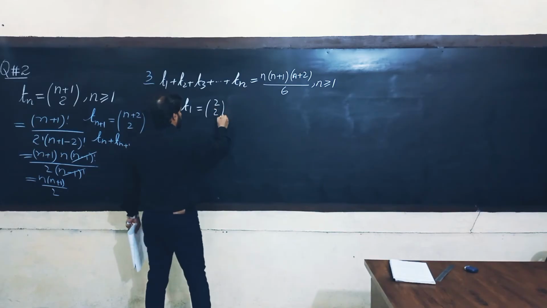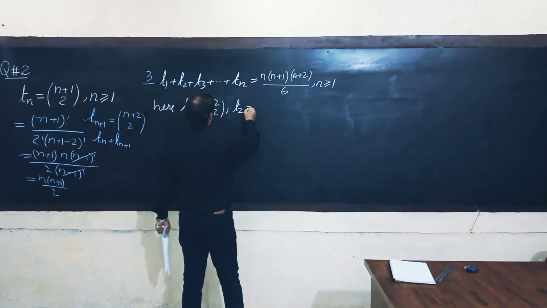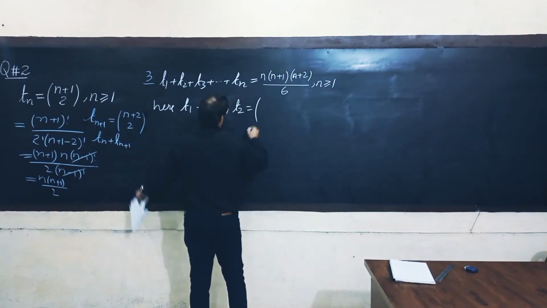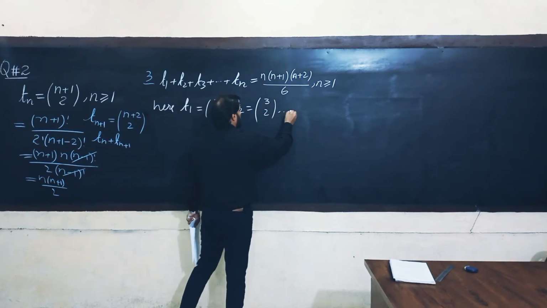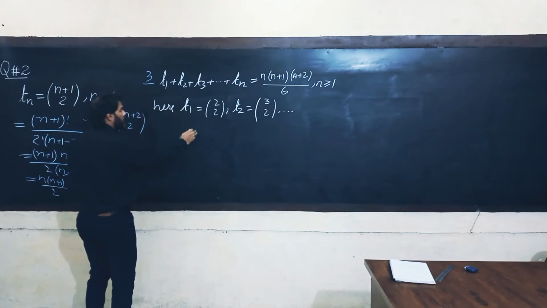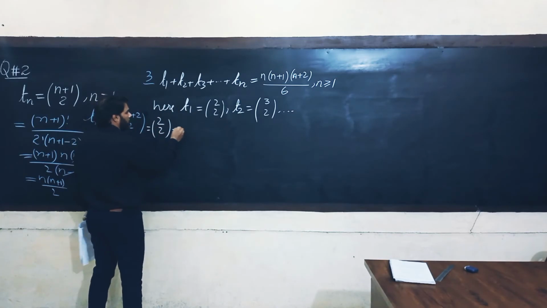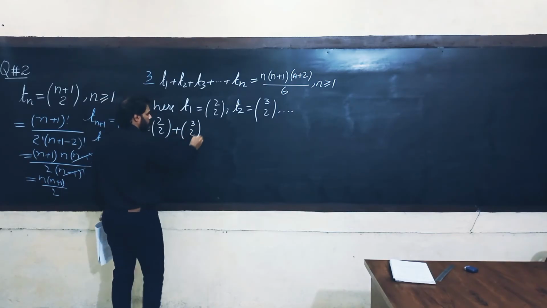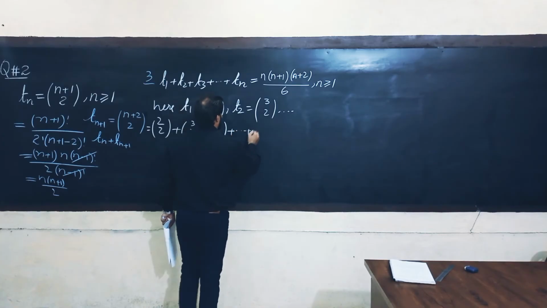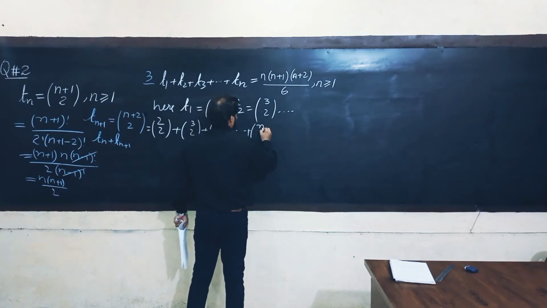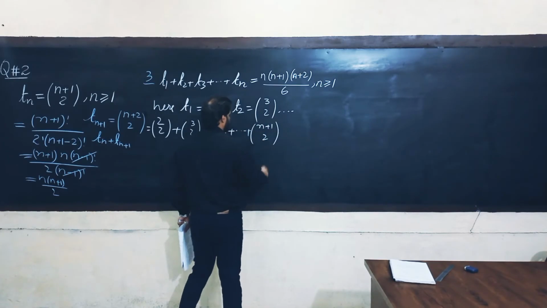Similarly, for n equal to 2, we have 3 combination 2. So the left side becomes 2 combination 2, 3 combination 2, 4 combination 2, and so on. The last one is n plus 1 combination 2.